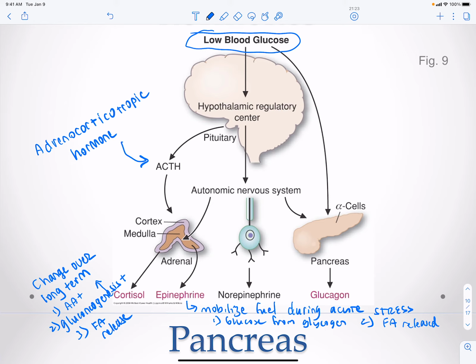And this hormone is going to stimulate the release of cortisol, and cortisol is going to be released from the adrenal cortex. And then you're going to get epinephrine from the adrenal medulla.